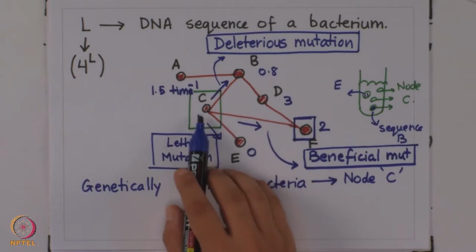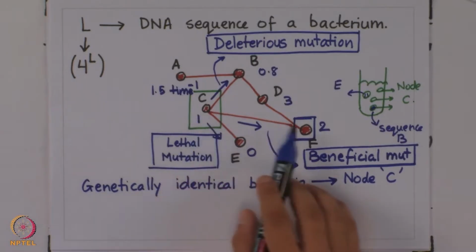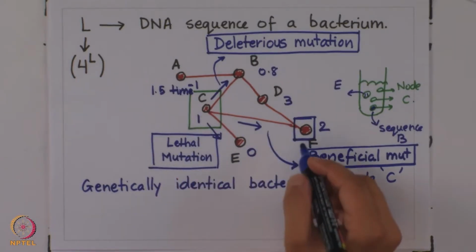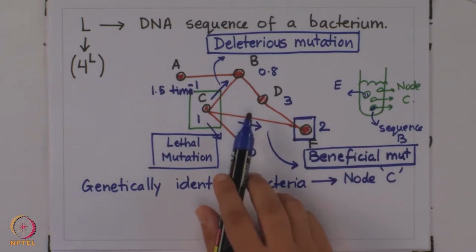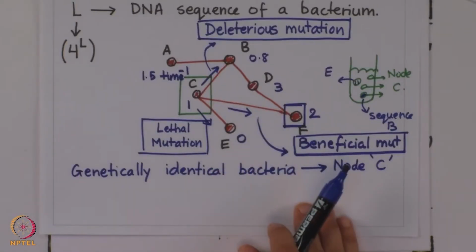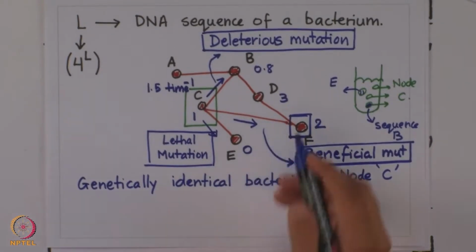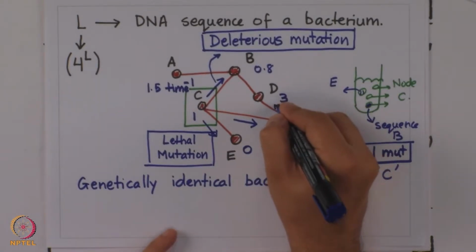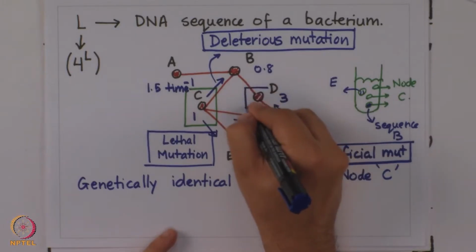Hence this is a deleterious mutation and will be eliminated by selection. So this does not work, but you could have a mutation going from F to node D, which entails an increase in fitness from a value of 2 to a value of 3, and then you will have movement of the population towards D.